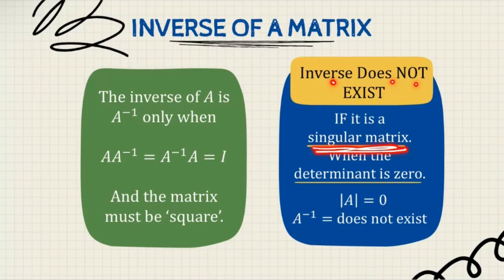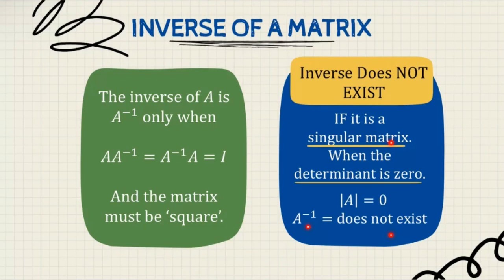Apakah maksud singular matrix? Apabila determinant for that matrices is 0. So contoh kalau kamu dapat matrix A and kita cari determinant dia sama dengan kosong. So that matrix A is a singular matrix. So bila dia singular matrix, maksudnya dia punya A inverse does not exist.